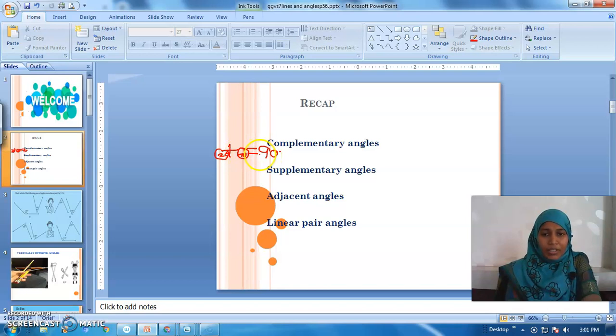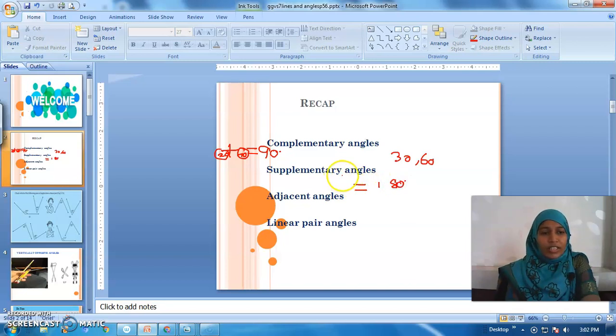They occur in pairs, isn't it? How will you find the complement of 70? 90 minus 70. What will be the complement of 30 degrees? Yes, 90 minus 30, it is 60 degrees. Likewise, how will you find supplementary angles? If we add them, it should be equal to 180 degrees.